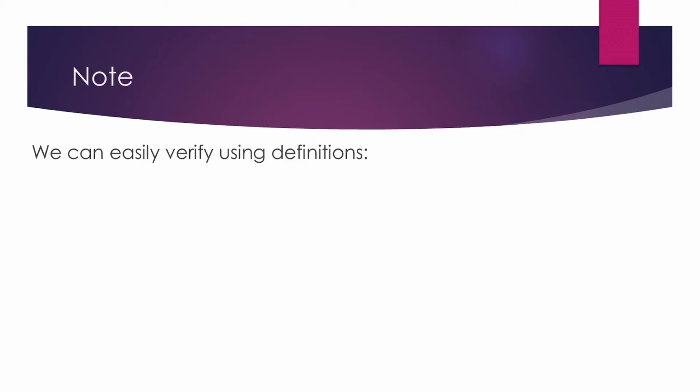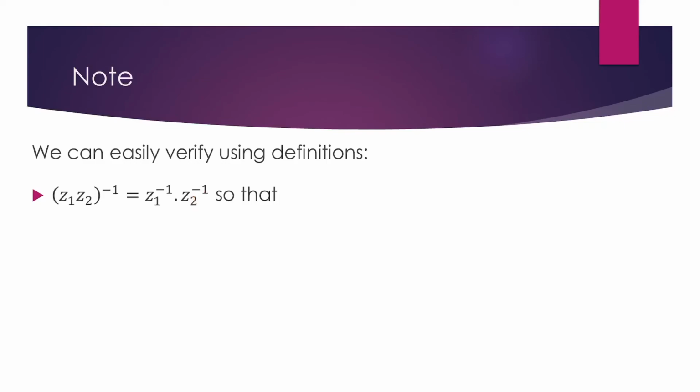Now we can easily verify using definitions that the multiplicative inverse of the product of two complex numbers z1 z2, the whole inverse, will be same as the product of the multiplicative inverses of z1 and z2, meaning z1 inverse times z2 inverse.